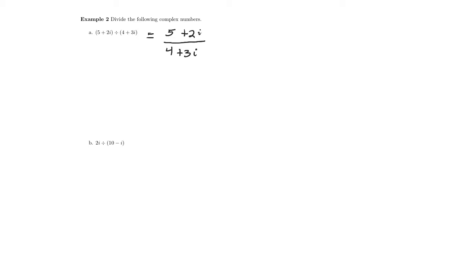What I'm going to do is multiply this by the conjugate of the denominator, which is 4 minus 3i. But I don't want to change the value of the fraction, so I'm going to do the same thing to the top. I'm multiplying by 1, so it doesn't change the value of my fraction, but it will do something useful for us when we actually multiply these two things together.